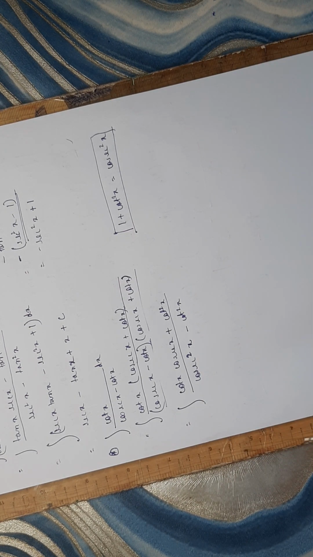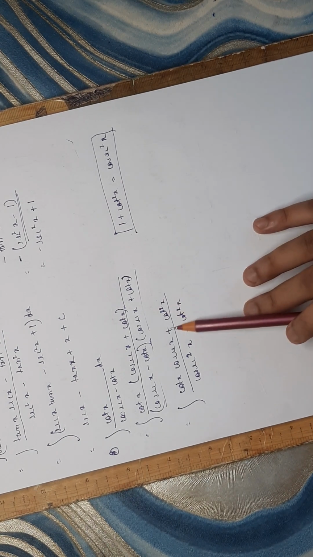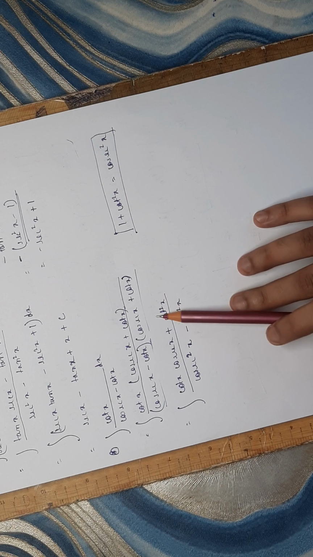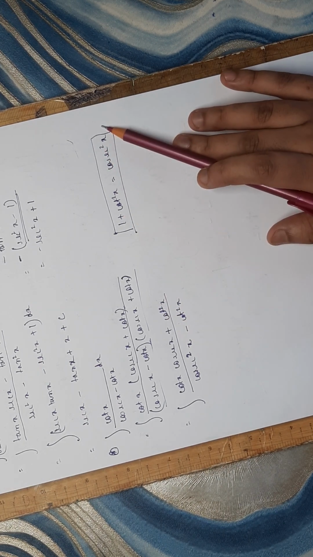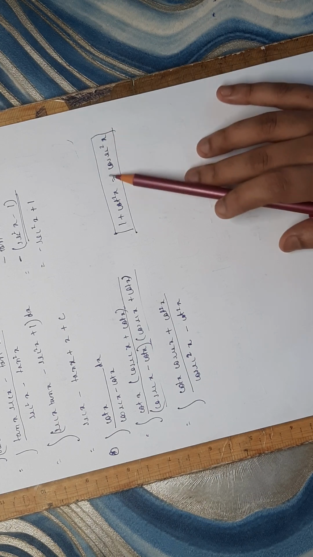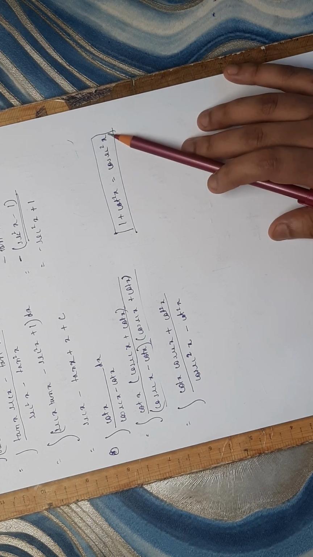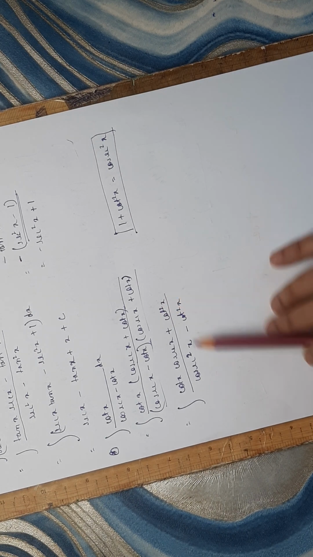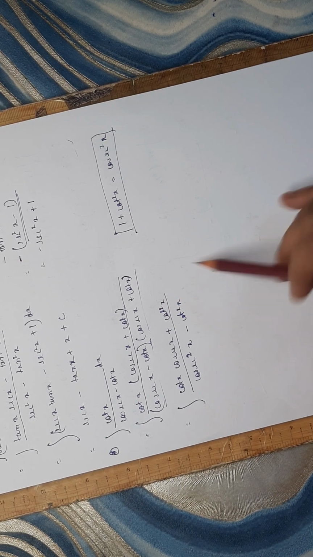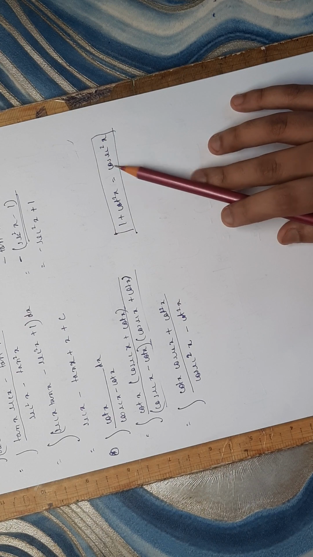So what I'll be doing here is, in place of cot square x, I will replace by a cosec square x minus 1. If 1 goes on the right hand side, it becomes a minus 1. So cot square x equals to cosec square x minus 1 will be replaced in the place of cot square x. And in the denominator, essentially, I'll be getting a 1 based upon this formula.